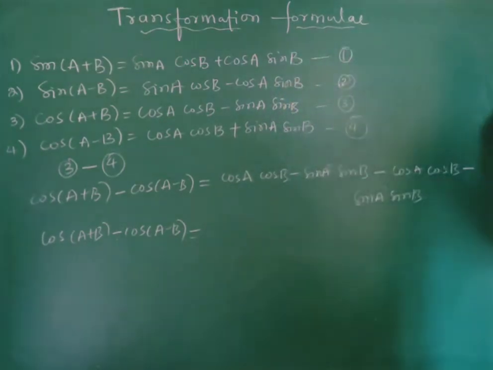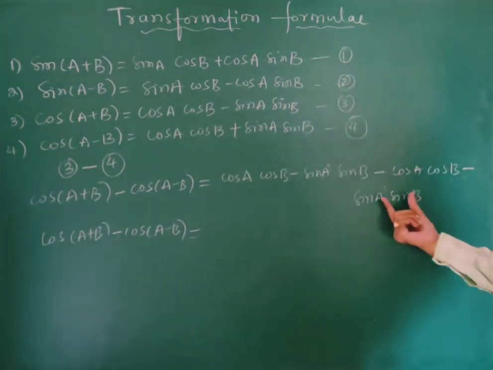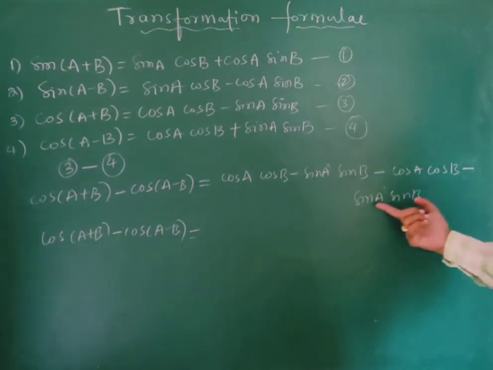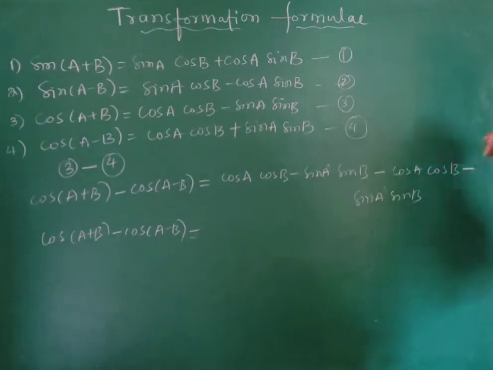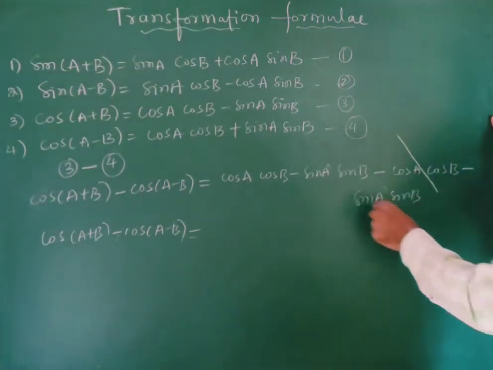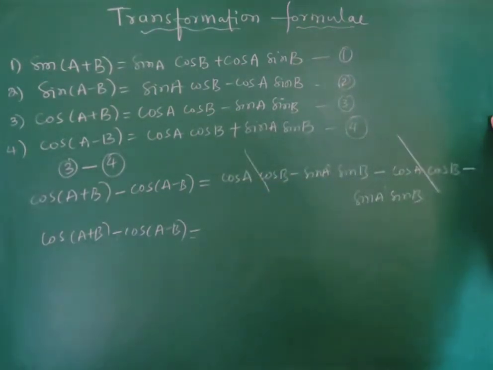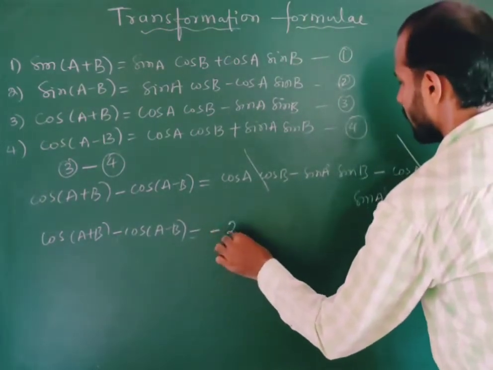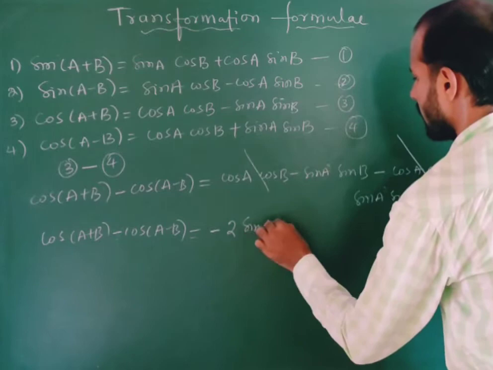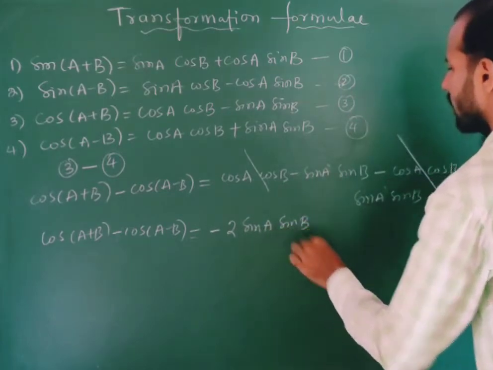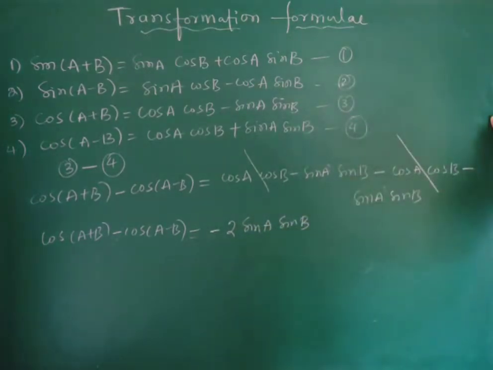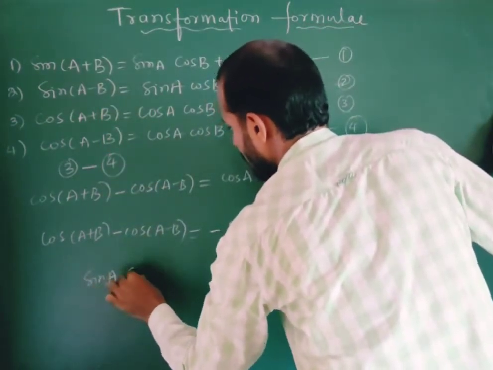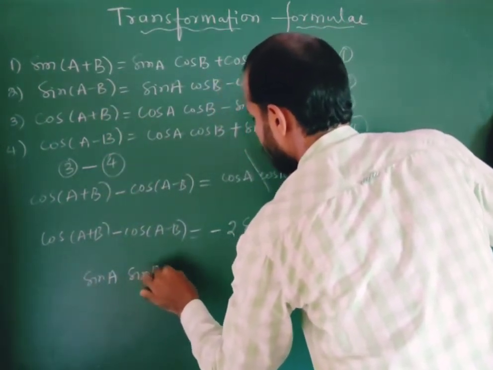Now which term is going to be cancelled here? cos A cos B minus cos A cos B cancel. Sin A sin B minus sin A sin B is there, so 2 times minus sin A sin B remains, right? Therefore sin A sin B equals, now taking minus 2 to the LHS, what we get?